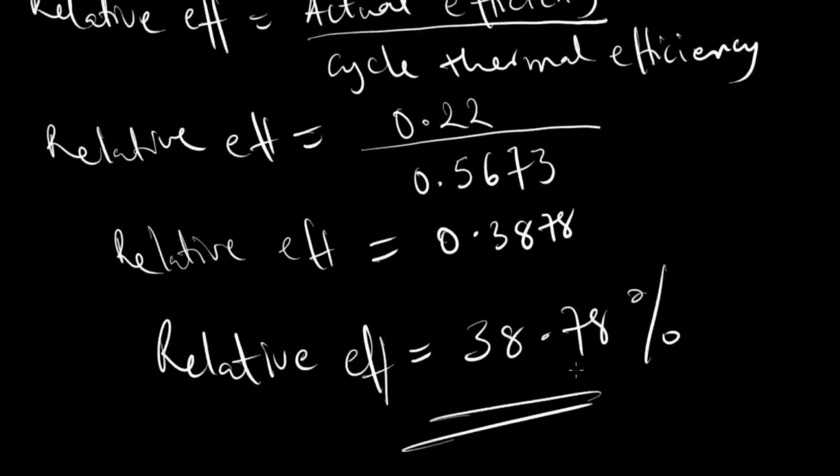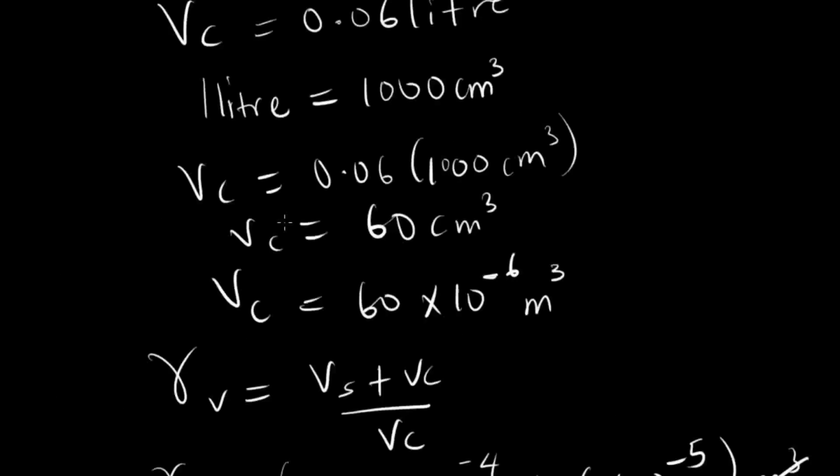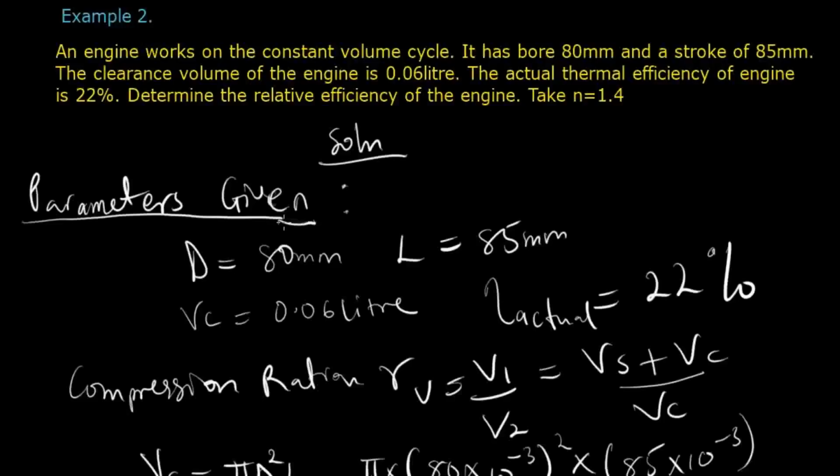So we've gotten the relative efficiency just like the question stated. So this is it. It's not difficult, just like the other processes. Just follow the process one after the other, and also follow the parameters the way I've been giving them.